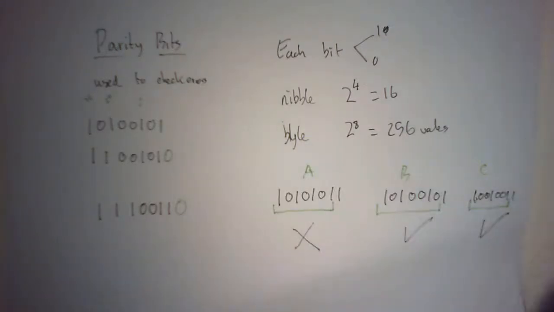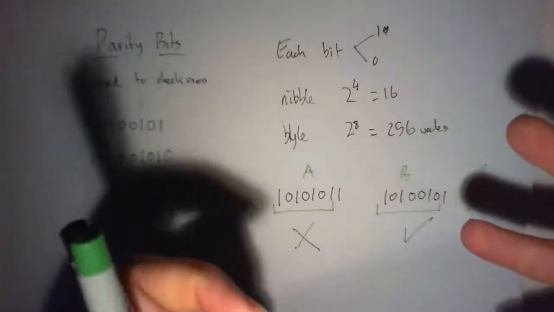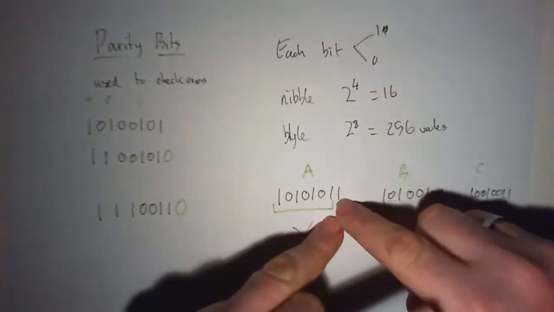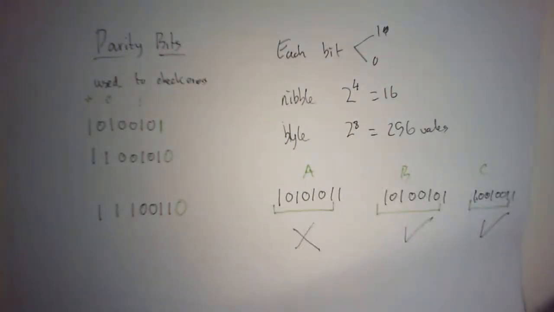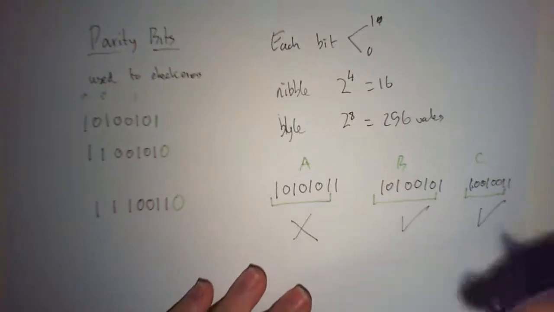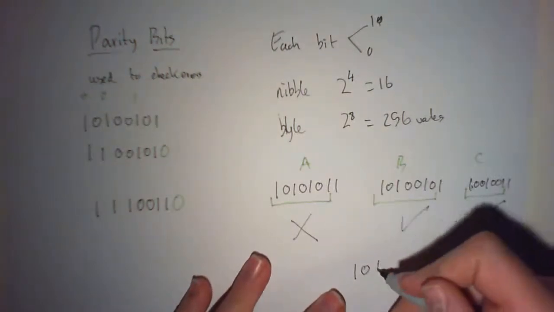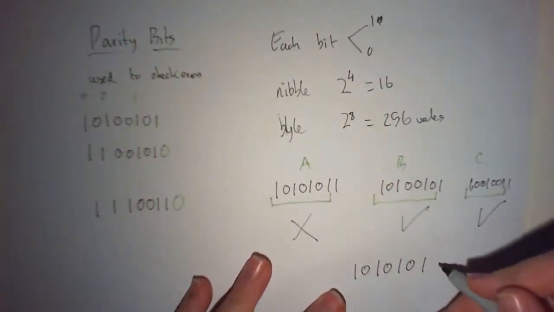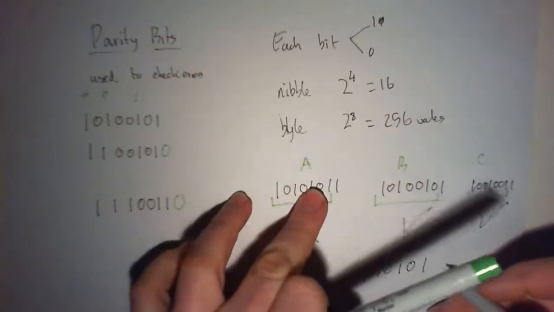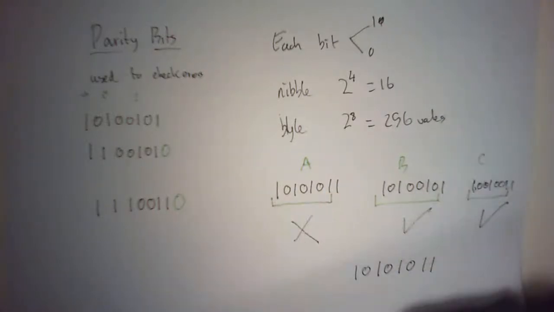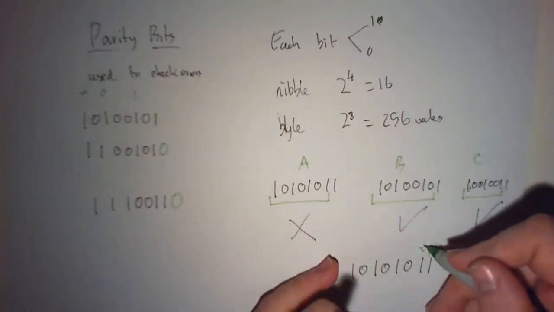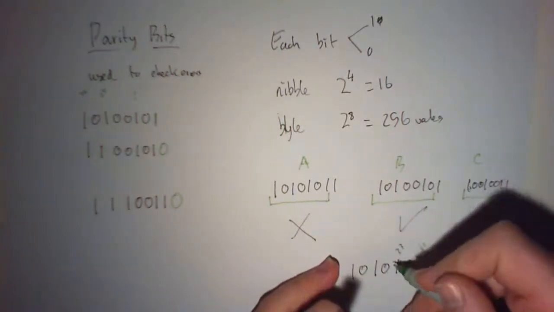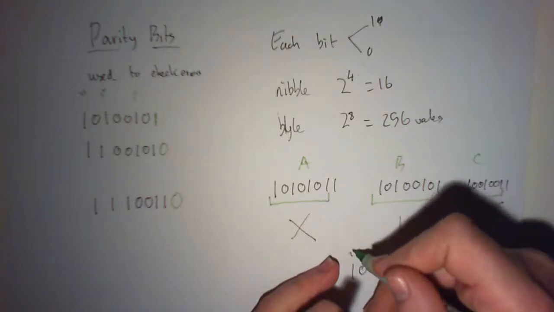What you're doing is in the code that you're doing, you're telling the computer to treat this one different than the calculation for this number. So if I was to give you a 7-digit code, I'll take this one: 1 0 1 0 1 1. You'd go 2 to the 0, 2 to the 1, 2 to the 3, 2 to the 5, 2 to the 7.